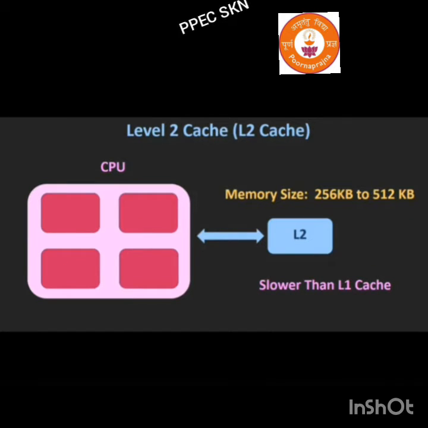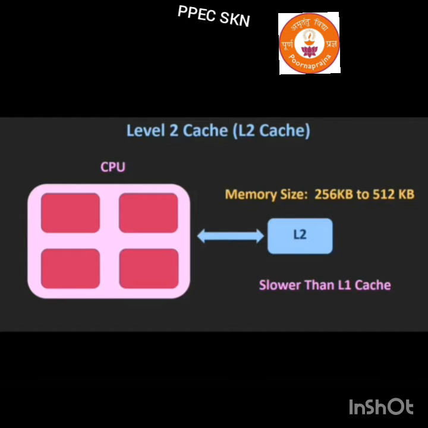Next is level 2 cache, or L2 cache. This type of L2 cache memory can be seen either inside or outside the CPU. L2 is either separate for each core of the CPU, or one L2 cache is shared by all the cores of the CPU.